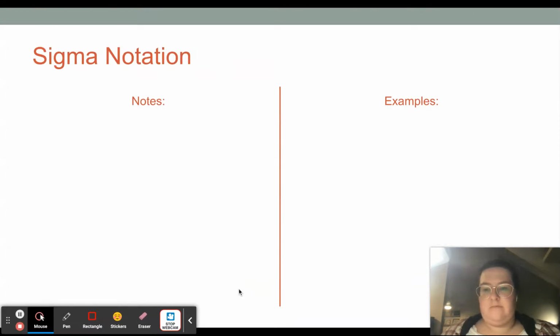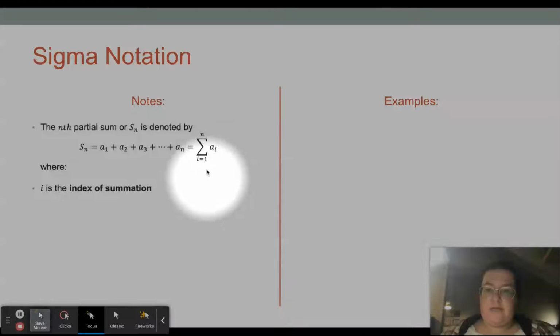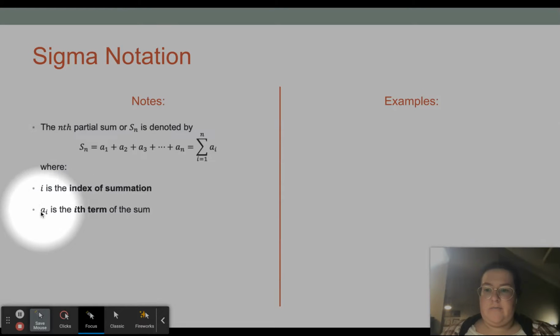Okay, so sigma notation. The nth partial sum, or S sub n, is denoted by this, where i is the index of summation. The ith term is a sub i right here.